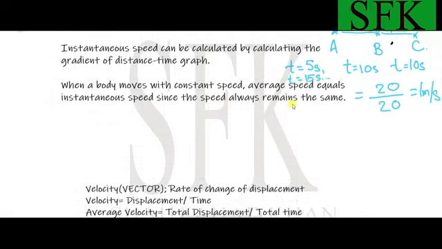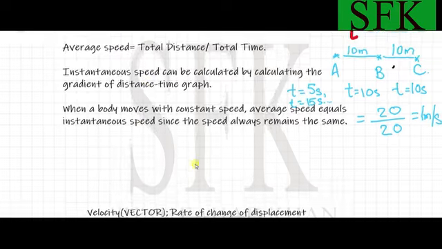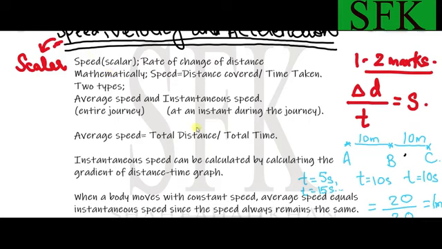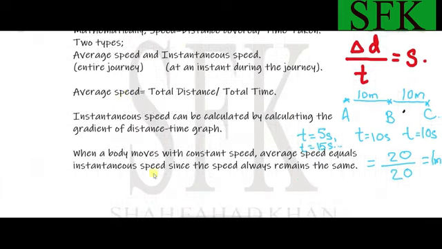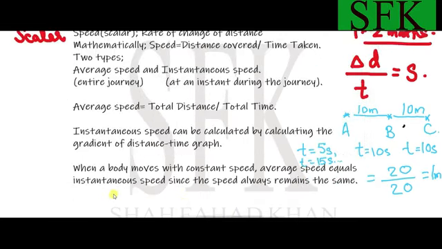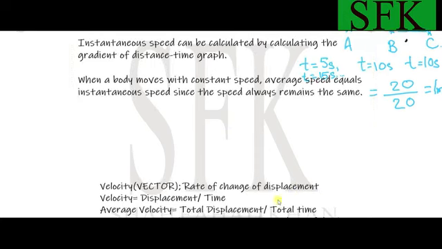So if the speed remains the same, the average speed and the instantaneous speed become equal. So this is all about speed. Speed is a scalar, along with its mathematical representation and definition, etc. We are going to do the numericals later.